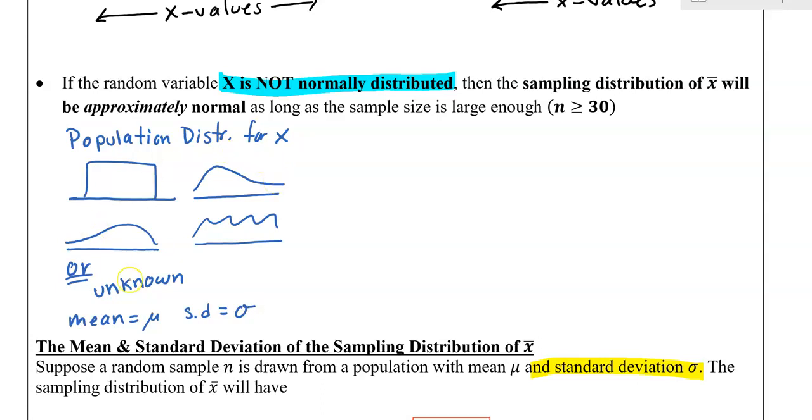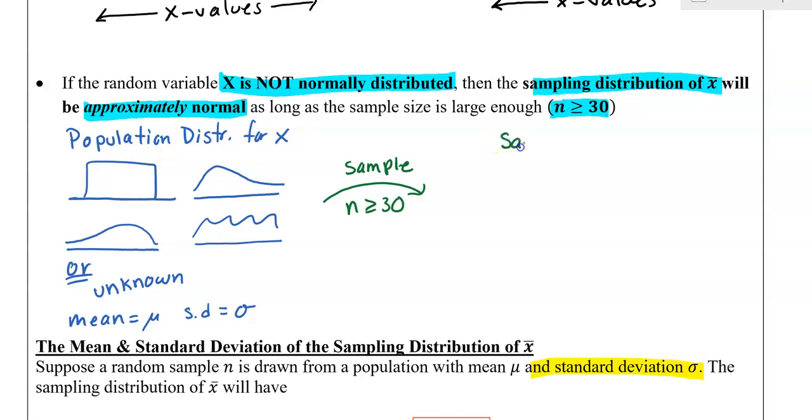But since here the distribution is not normal, the sample size does have to be big. It has to be greater than or equal to 30. So if x is not normal to start with, x bar will still be approximately normal as long as the sample size that we pick is large enough.